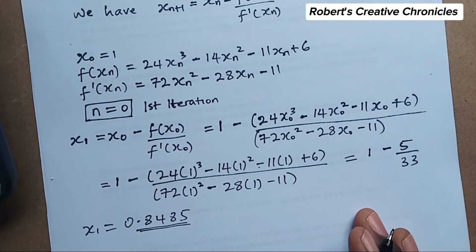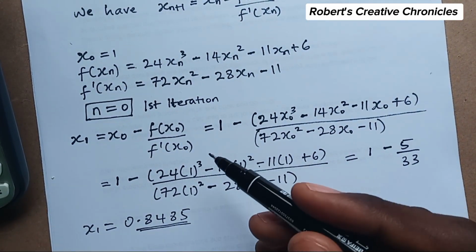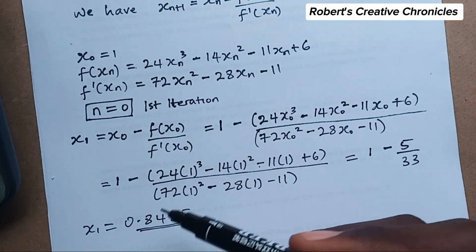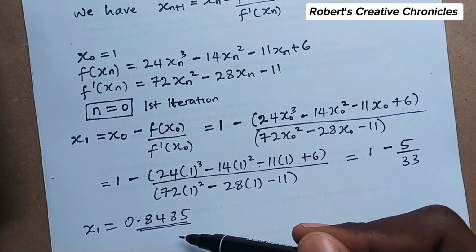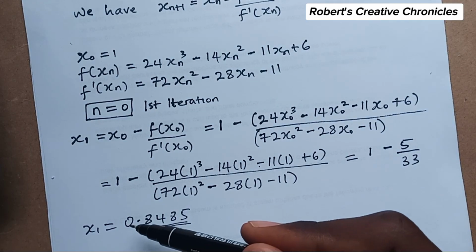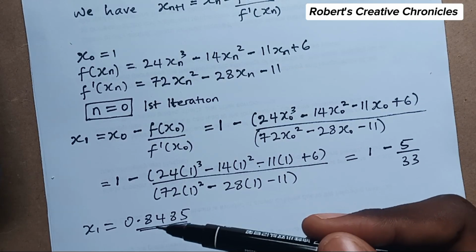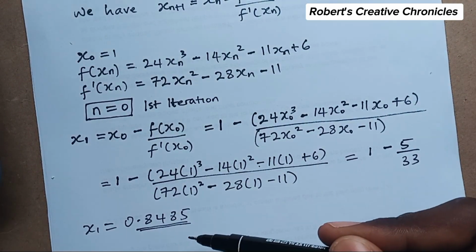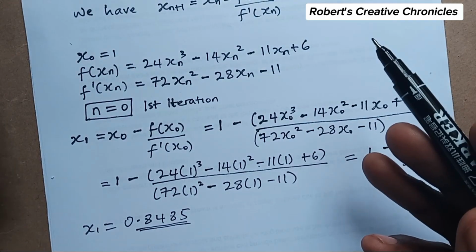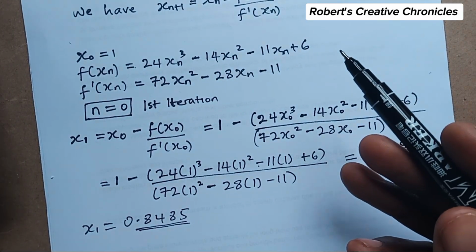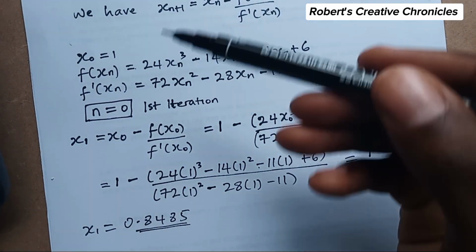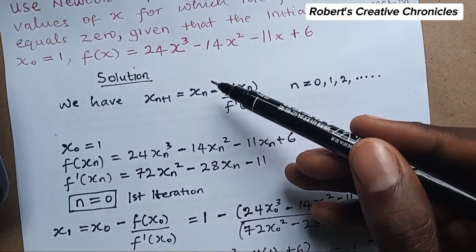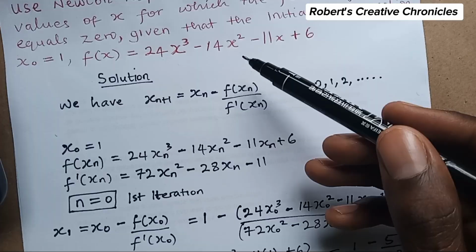So let's move to the second iteration. The goal is that when we start getting the same value of x, maybe we get a value first and get the same value the second time, then we terminate our iteration at that point. Our goal is to find a value that, if we substitute it into the original equation, will give 0.